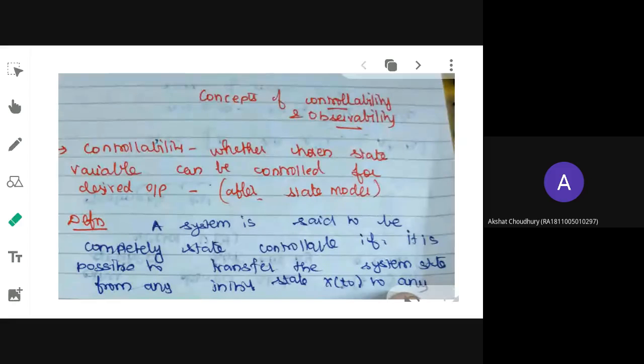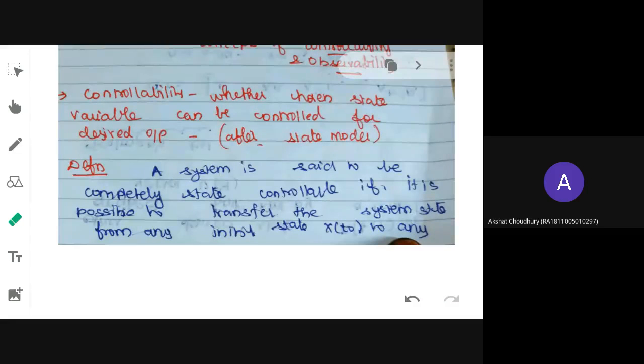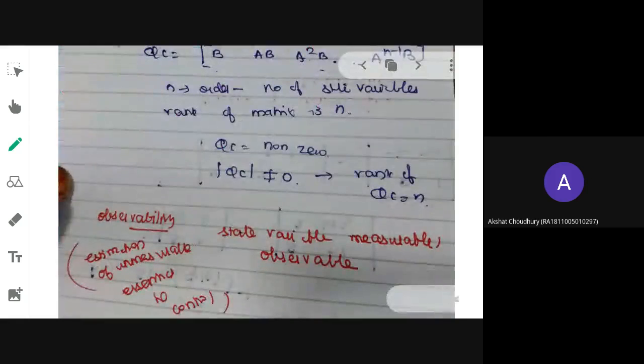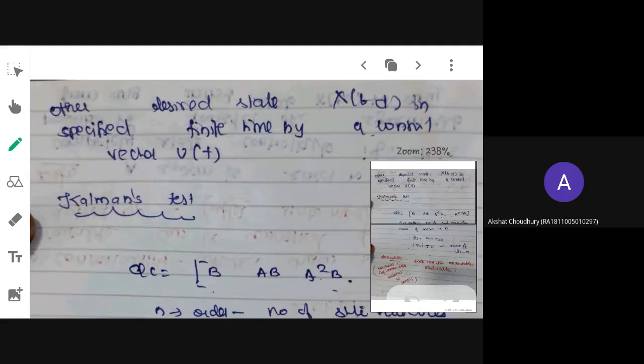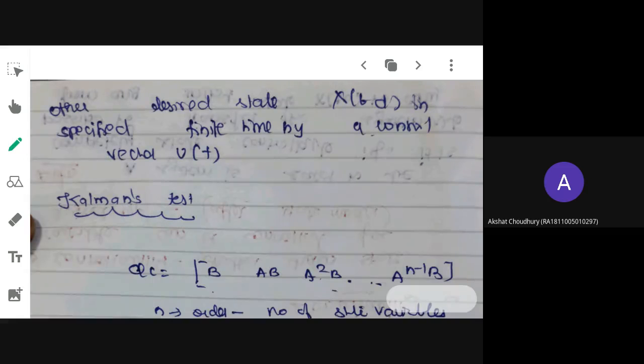And the proper definition is, suppose you are able to transfer the system state from any initial state x of t naught to any other state within a particular time by using this vector, then the system is said to be controllable. That is how you will be defining controllability.